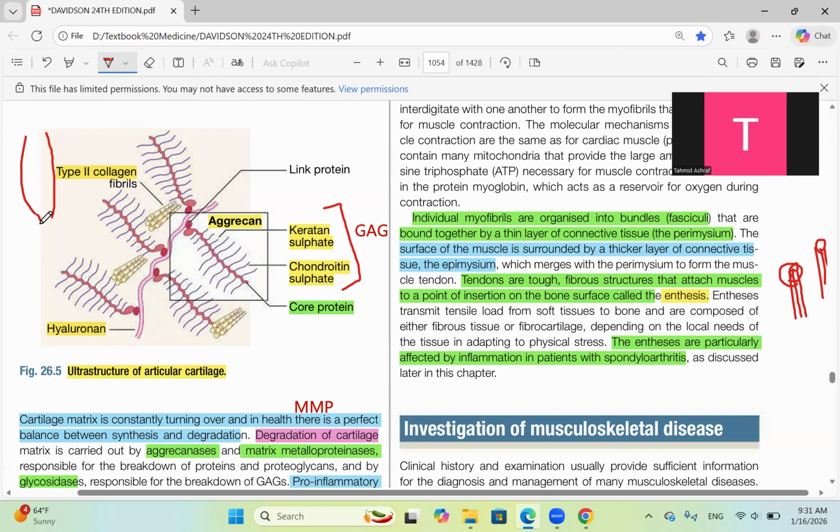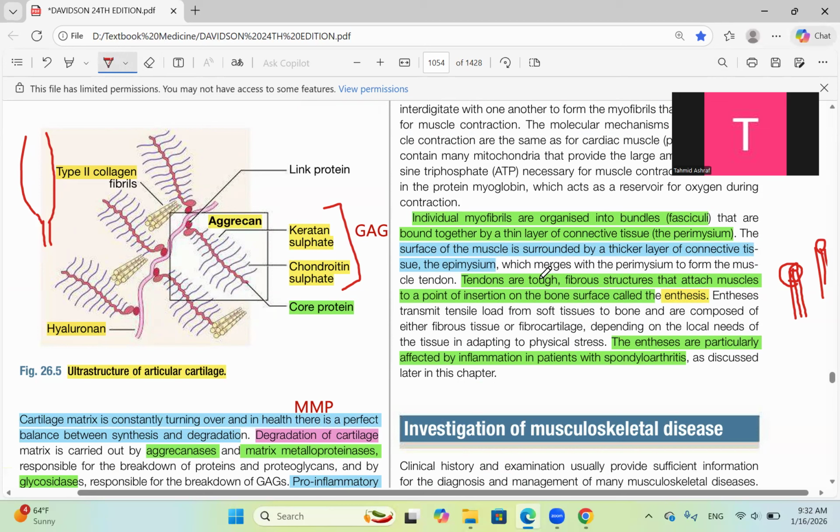Just before insertion, some muscles have a terminal end which is a strong structure, stronger than the original muscle and a bit different from the original muscle tissue. This terminal part is called a tendon. So tendons are insertion points of muscles.